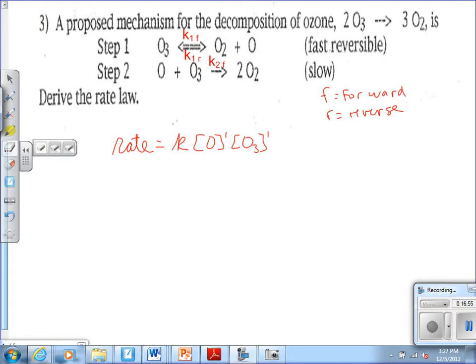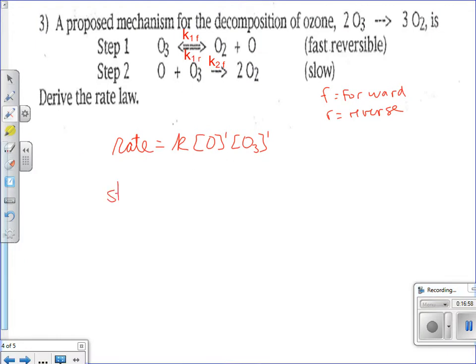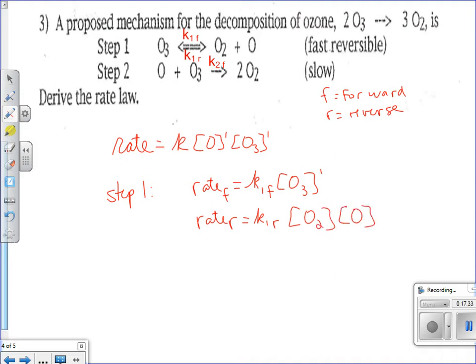Now, based on rate laws, for step 1, I know that the rate for the forward reaction is equal to K1 forward times the concentration of O3 raised to the first power, and the rate in the reverse direction, still on step 1, so the reverse rate will be K1R times the concentration of O2 times the concentration of O. Because if this reaction is going in the reverse direction, these are considered my reactants.